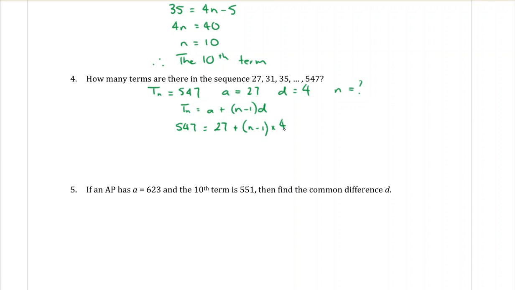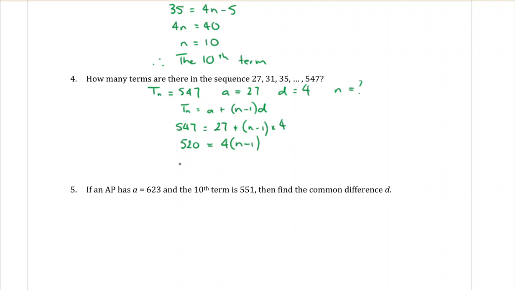Okay, I don't have to expand. I can just start moving things away from that n. So first of all, subtract the 27 across would be 520 equals, I'm going to put the 4 out the front because I like to have 4s in front of my brackets, not behind them. Then I can divide the 4 across to the other side, which would give n minus 1.